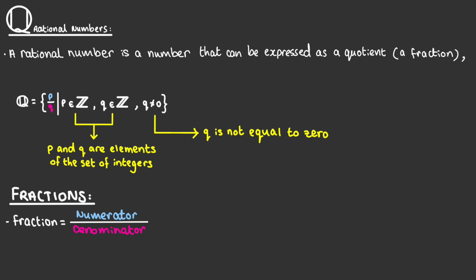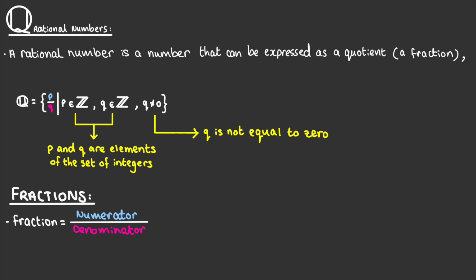We call these types of numbers fractions, with one number being divided by another. Fractions have a numerator and a denominator. The numerator, P, is just a number at the top of the fraction. The denominator, Q, is the number at the bottom of the fraction. Now, if you take 2 as the numerator and 1 as the denominator, 2 divided by 1 is equal to 2.